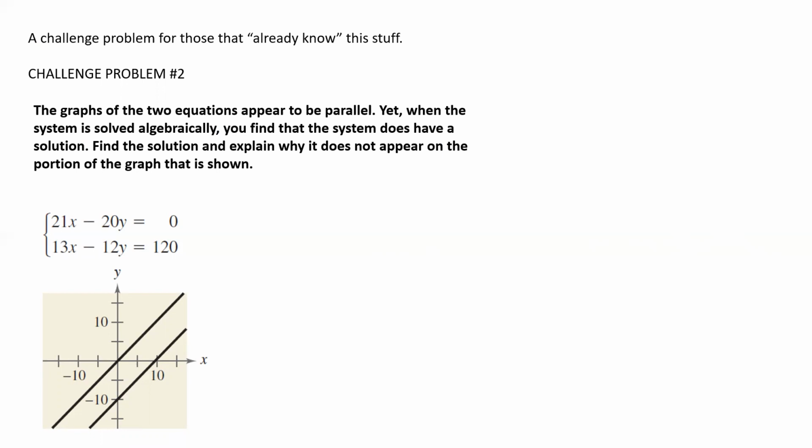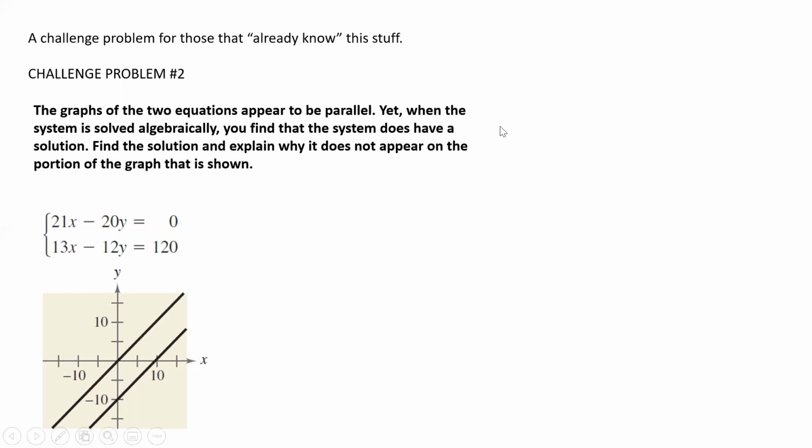Notice on the graph, they appear parallel, but they can be slightly off. You'll find the system actually does have a solution. So first find the solution, and after you've found it, explain why it does not appear to be that way on the graph. It's an easier one. I think the last one was a little funner. Okay, challenge problem, there it is.